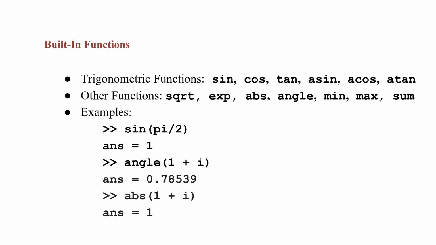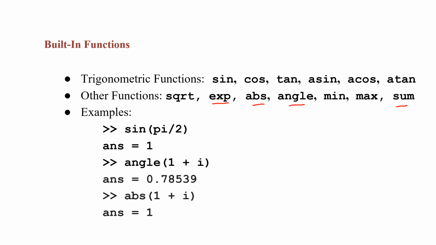The most commonly used ones are the trigonometric functions, such as the sine, the cosine, the tangent, the arcsine, arccosine, the arctan, etc. Other functions include the square root, which finds the square root of a number, the exponent, the absolute, which can also give you the magnitude of a complex number, and the angle function, which can give you the angle of a complex number, and the functions min, max, and sum, which are used on arrays or vectors in MATLAB to find the minimum value in an array, the maximum value in an array, or to add all the numbers in a given array.